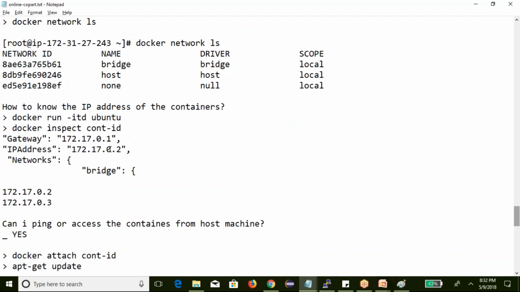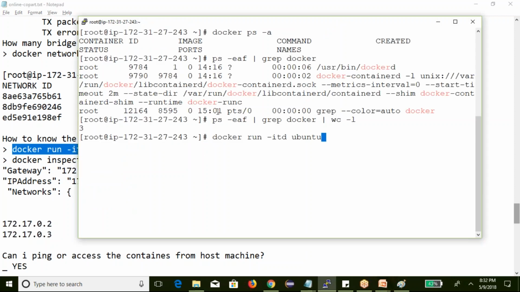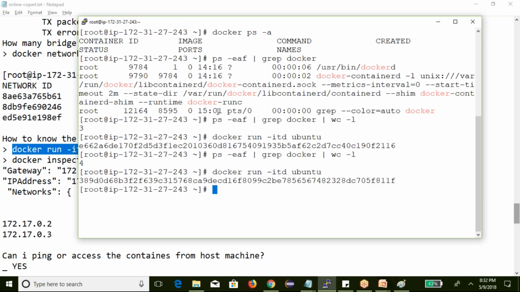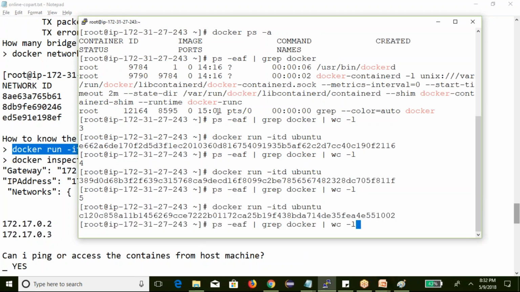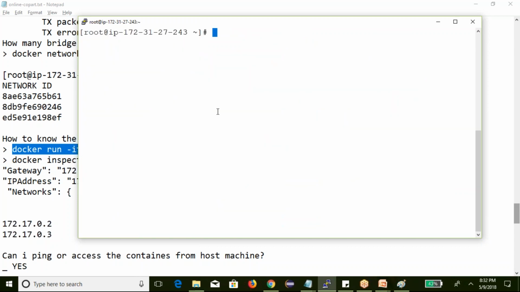Let's look at this. I created a container. Remember, I got one container which is running. See, 4. One more container, 5. One more container, 6. What basically is happening?